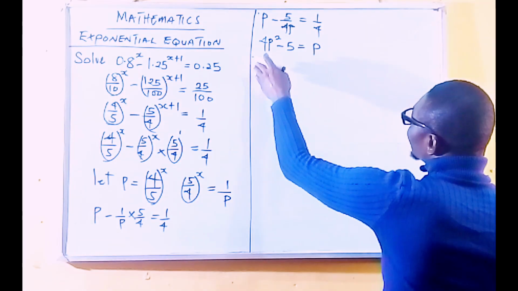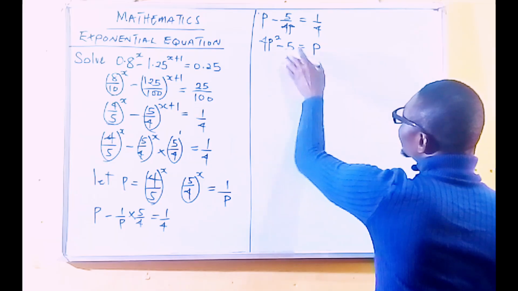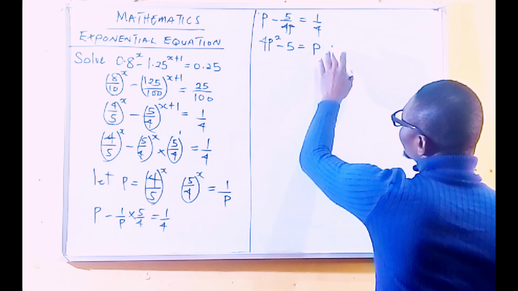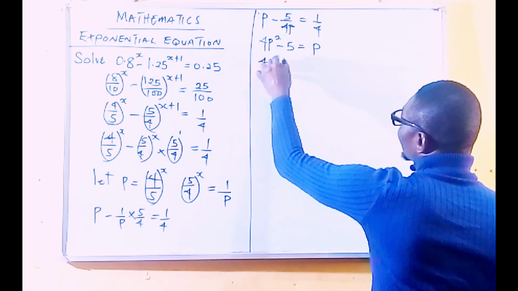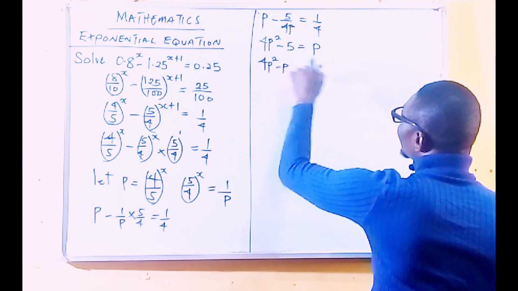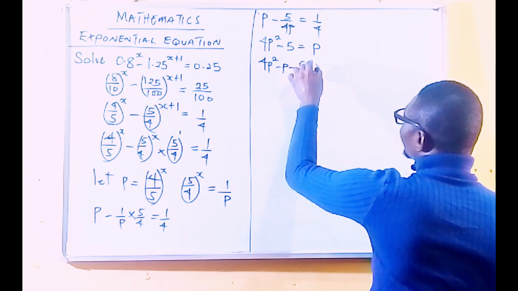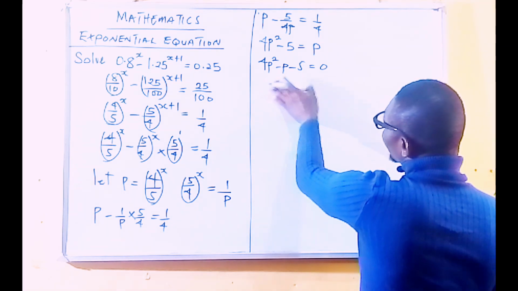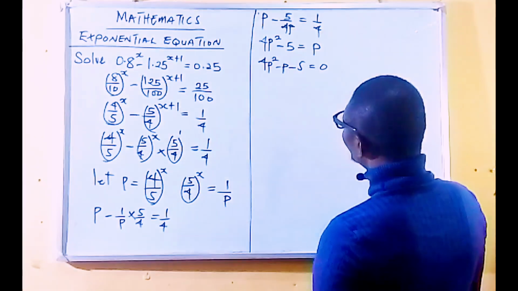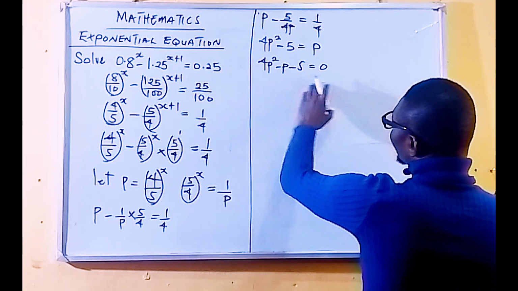So collecting like terms to make this equation equal to 0, we have 4p squared minus p minus 5 is equal to 0. So at this point, you now have a quadratic equation.